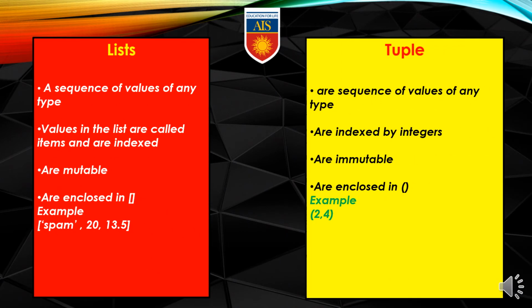Now here we'll discuss the difference between list and tuple. A list is a sequence of values of any type, and a tuple is also a sequence of values of any type.